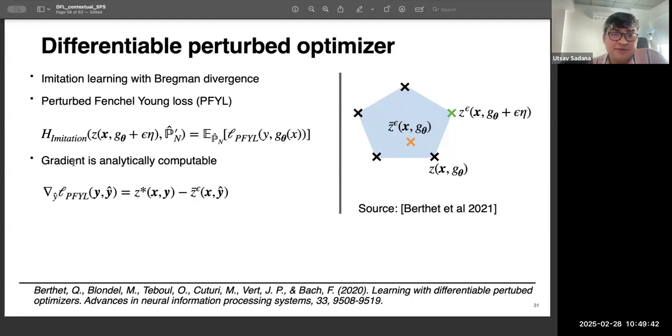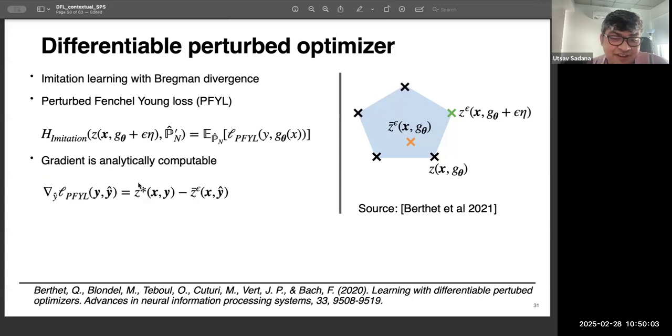You can do something even smarter. In your imitation learning based loss, you can replace the distance with a Bregman divergence. Then you can show that your imitation loss is just the expectation of your Fenchel-Young loss. Now this loss is interesting because the gradient of this loss function is available to you analytically.